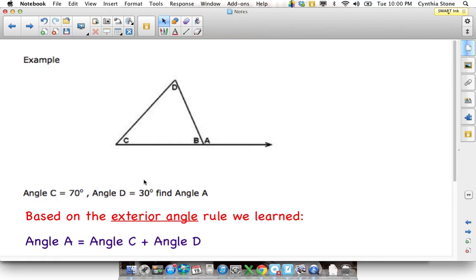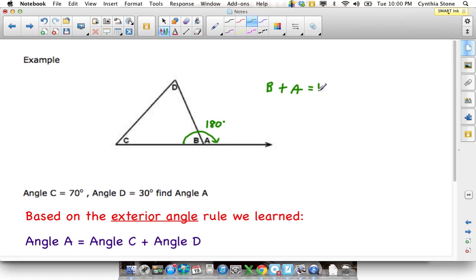Just one other little thing that I wanted to show you, you might remember, you might not, is that anytime you have a straight line like this, the whole straight line represents 180 degrees. And so that means that angle B plus angle A equals 180 degrees.